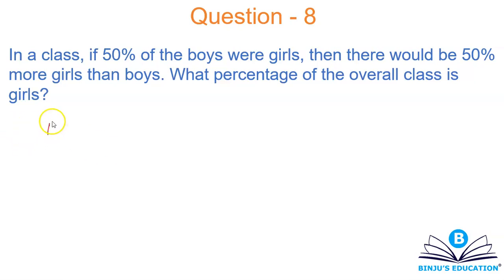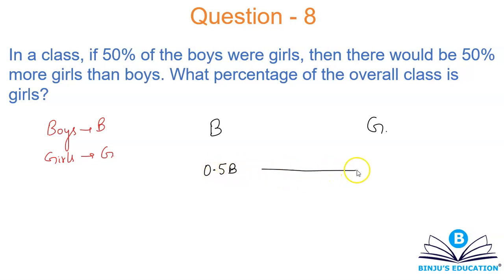Let's first consider the number of boys to be B and the number of girls to be G. So we have B, we have G. Now it says that in a class if 50% of the boys were girls, so 50% of boys is 0.5 B. So if 0.5 B were girls, that means the new number of girls will basically become G plus 0.5 B. And the new number of boys will automatically become 0.5 B, because B minus 0.5 B is 0.5 B.